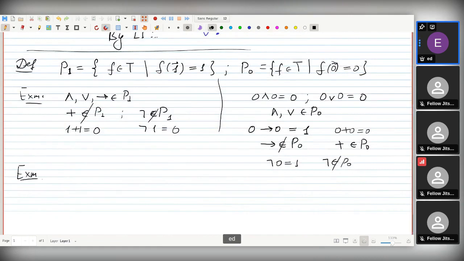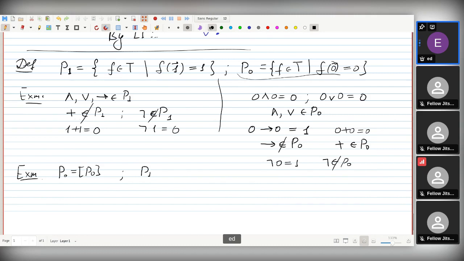And my claim will be that both these sets are closed. So if you take the closure of the set of all functions preserving 0, what you obtain will be exactly this set.